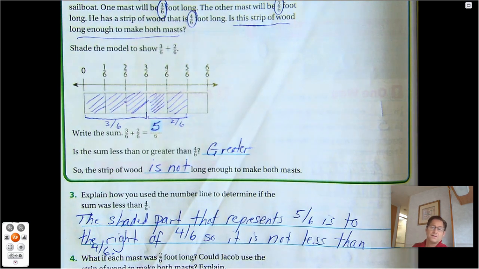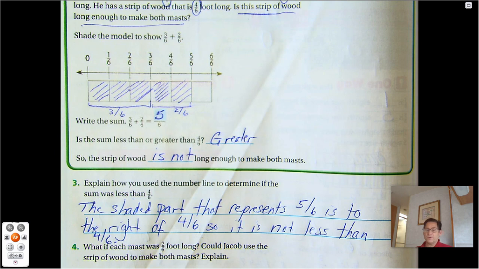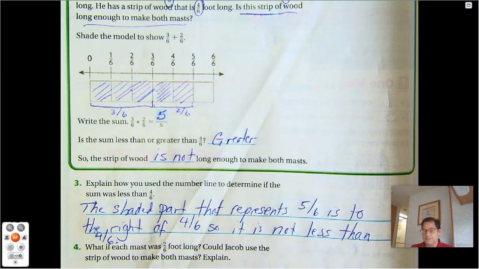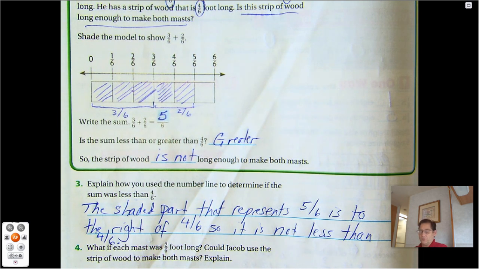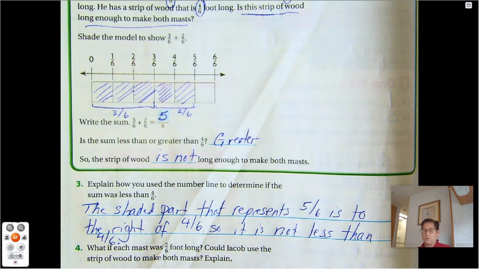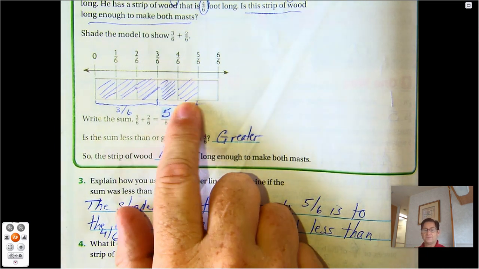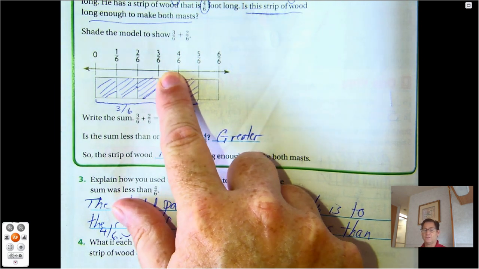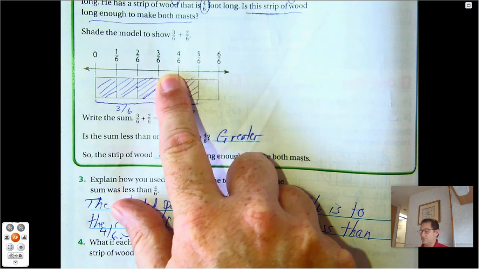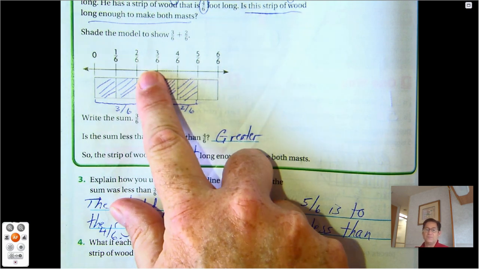Remember, on a number line, the more you go to the left, the smaller the value. So we're going to start at 0, and as we go to the right, we have 1. So the closer I get to that 0, the smaller the value. So when I look at this number line, I see that 5/6 is to the right of 4/6. So just comparing that, there's no way 5/6 can be less than 4/6 because it's to the right.